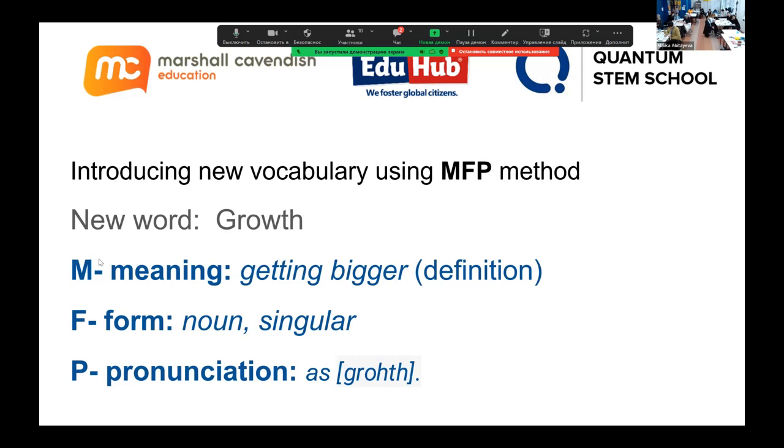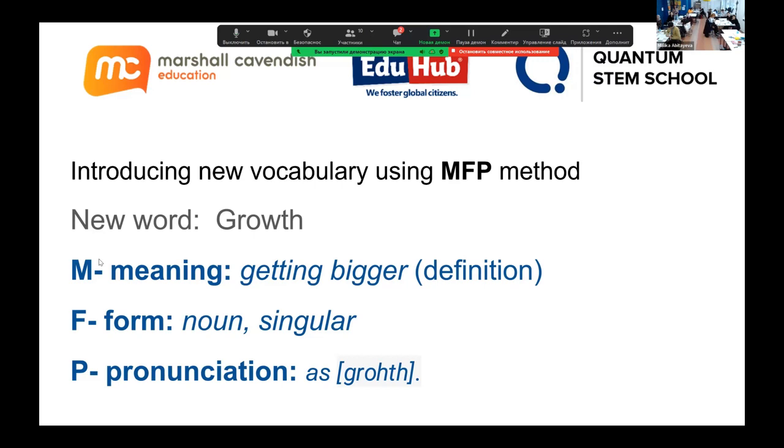So I want to clarify why this is important for me as a science teacher, to know how to introduce the vocabulary. That's why I was in this session. So the MFP method is actually used in CELTA. While you're teaching another language, you have to present new words using this ability. It's called M for meaning, F for form, and P for pronunciation.